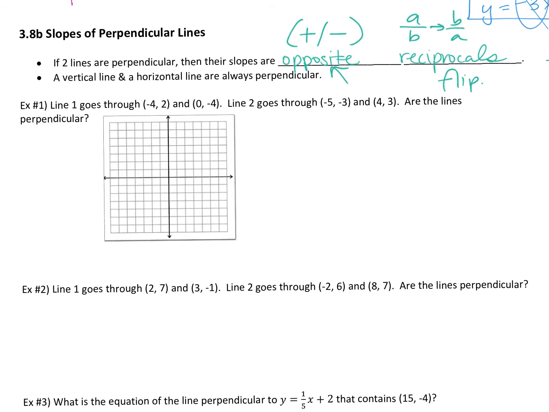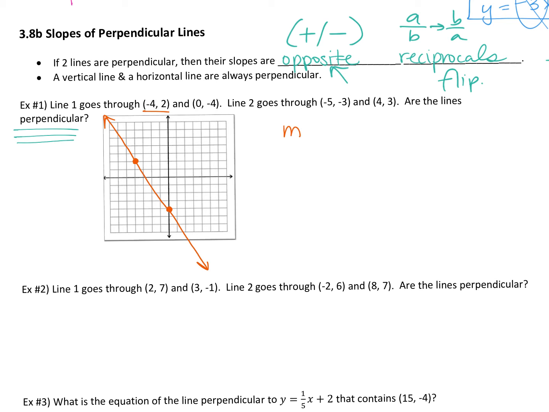Okay, so another problem just like that first one we did with parallels, but now they're asking, are they perpendicular? So let's graph it, and you can take a look. If I'm at negative 4, 2, that is this point, and then 0, negative 4, 1, 2, 3, 4. Okay, so here's my first line.